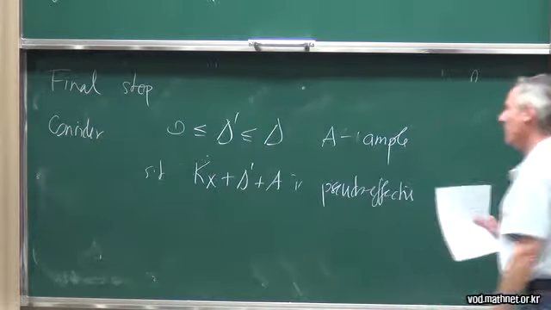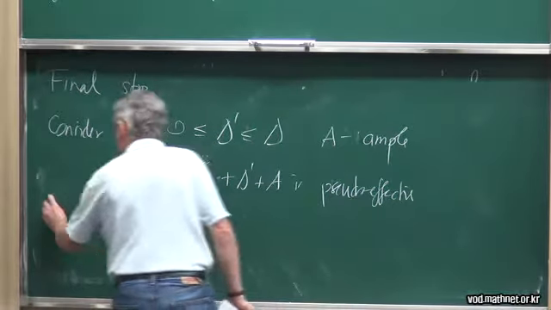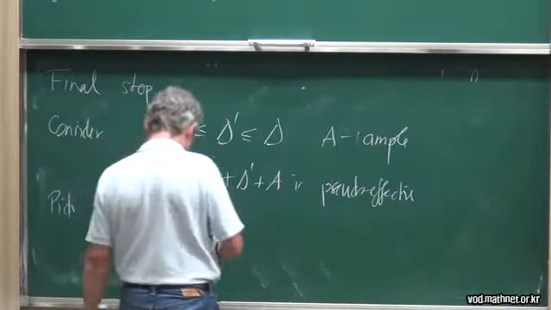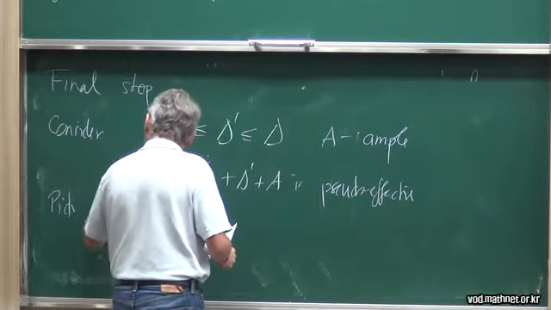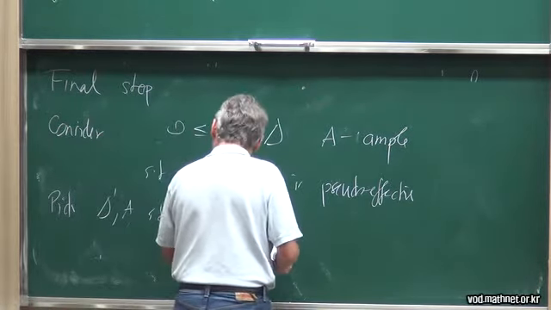So this is a very, very sneaky trick. I really like this trick. Again, it's not really mine. So you pick delta prime and A such that the numerical dimension is minimal.